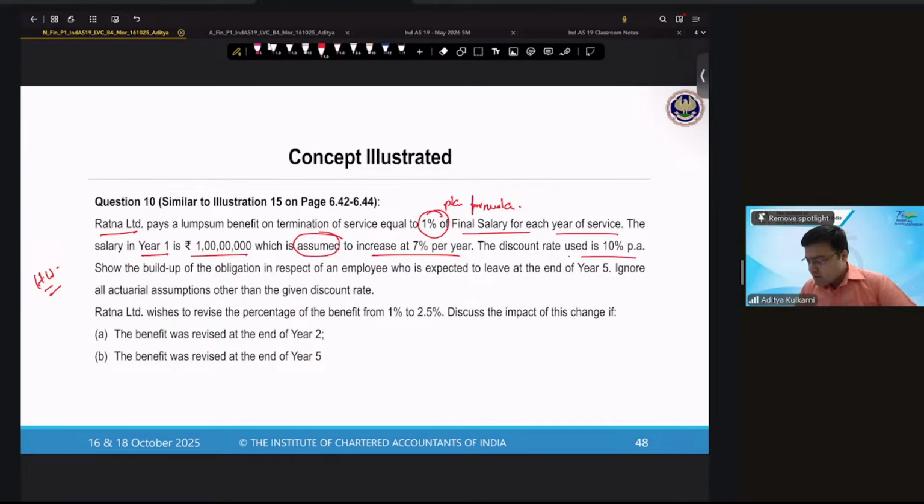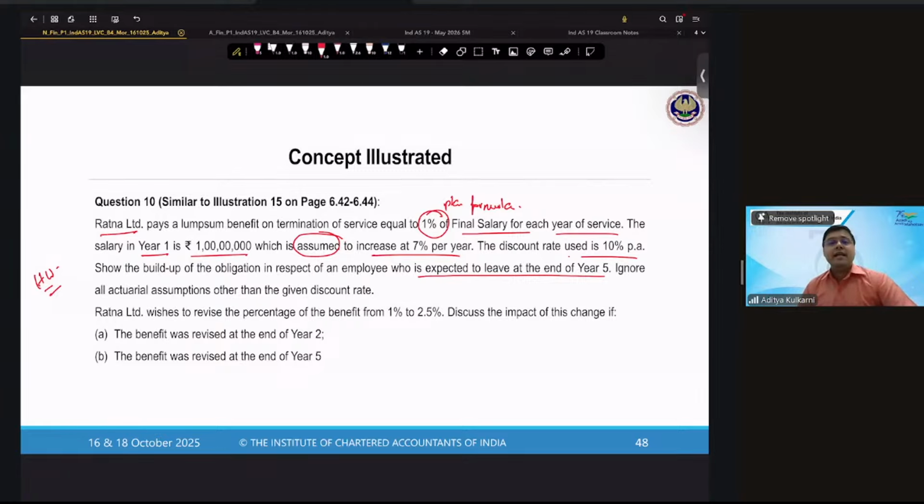Discount rate used is 10%. This is also an actuarial assumption. This is not a fact per se. This is drawn from the government yield rates at the reporting period. So that is also an actuarial assumption that we take. Show the buildup of the obligation in respect of an employee who is expected to leave at the end of year 5.